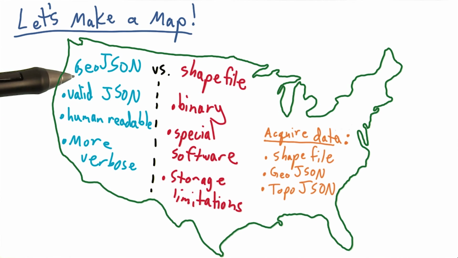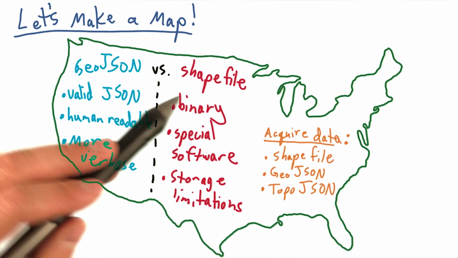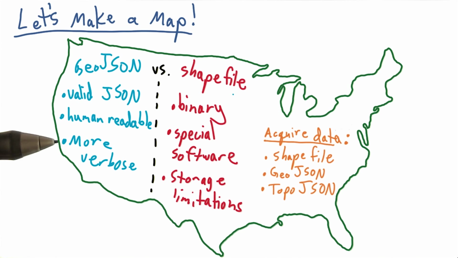One of the issues with GeoJSON, however, is that to achieve these features of being valid JSON and human readable, the data file itself is often a bit more verbose and substantially larger than a binary shapefile. And since often when building maps on the web, we need to send this information with any web request for our graphic, it can put a strain on both our server and the browser and increase loading latency.